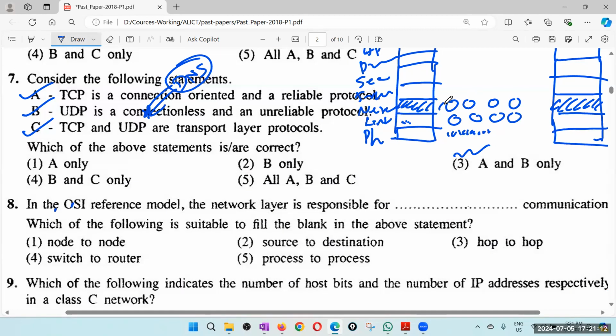So likewise, you must be able to explain this OSI architecture. How do you use the OSI architecture to understand a network? These are the two ends, maybe sender and receiver. But the intermediate nodes are either switches or routers. That is the standard terminology.